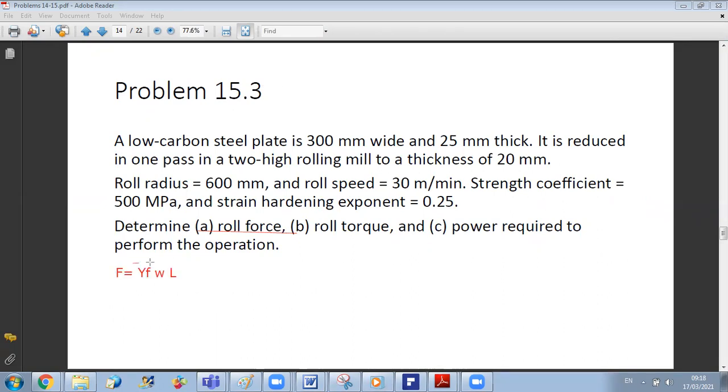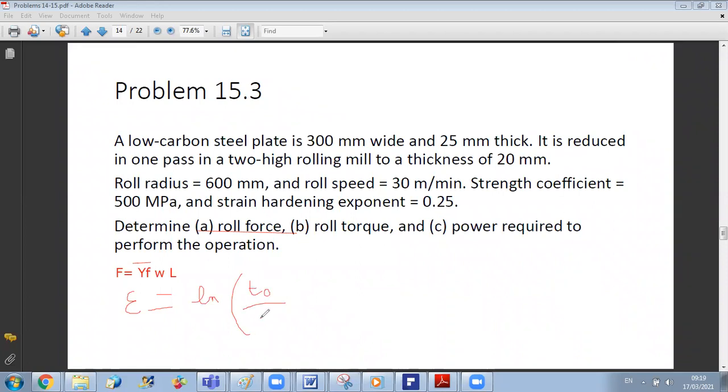To calculate Y average, I need to find the strain first. So to find epsilon true in this operation, since it's a squeezing operation, it's ln T0 over T final.